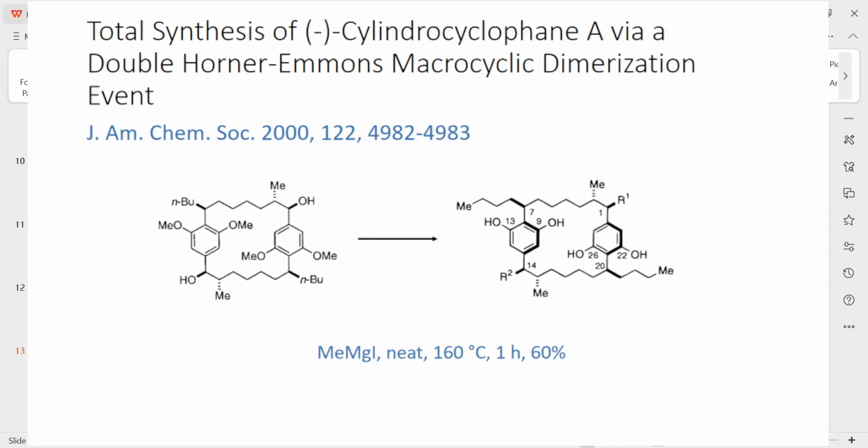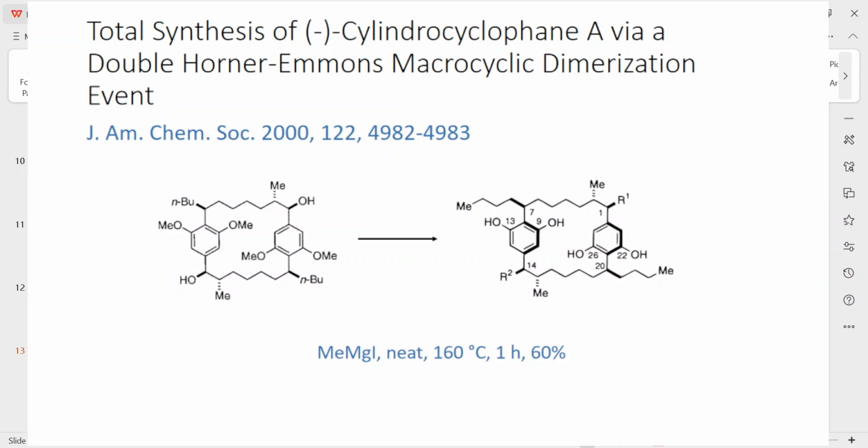This is another one. Strangely, I came across this with methyl magnesium iodide, which is a Grignard reagent. If at all your compound is stable and not reactive to a Grignard reagent, methyl magnesium iodide, this is a reaction worth trying, and this is not that expensive also, and it is a neat condition. Methyl magnesium iodide neat at 160 degrees centigrade for 1 hour.